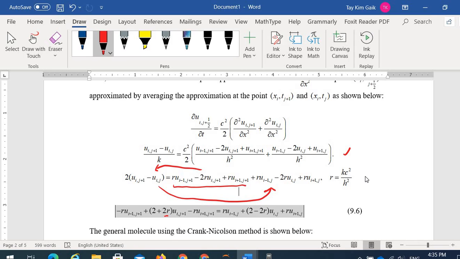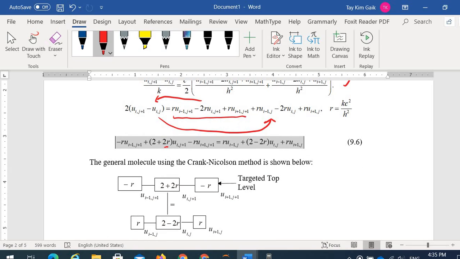That's why I get 2 plus 2r u i j plus 1. This minus r becomes positive because bring to left side, positive and positive 2 collect together. So this minus r maintained at the right hand side. So positive r here. This one is minus 2r. This is plus r. This one minus 2 u i j bring to right side, so becomes positive 2 u i j. So that's why I get equation 9.6 here.